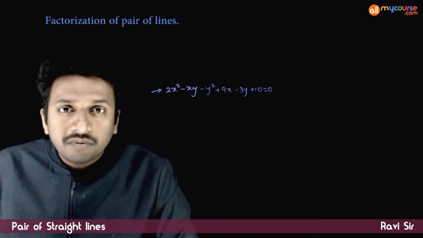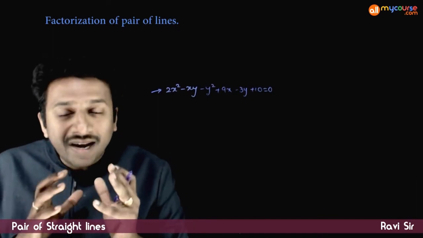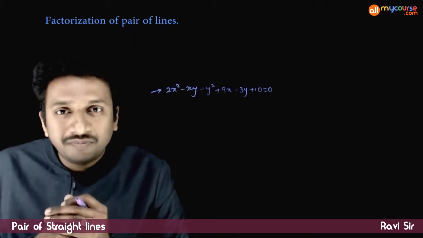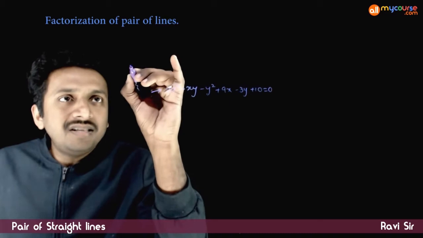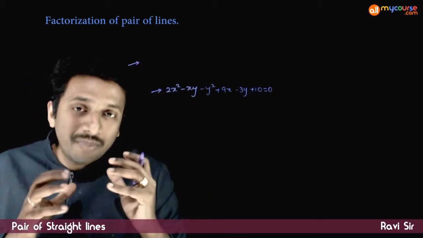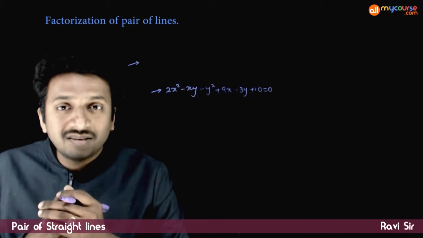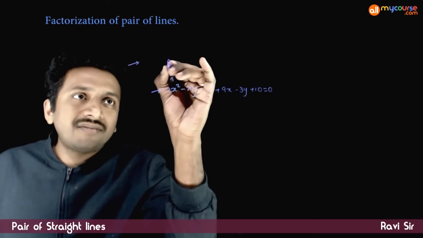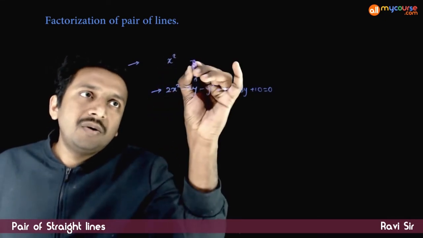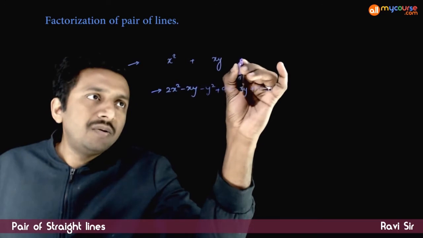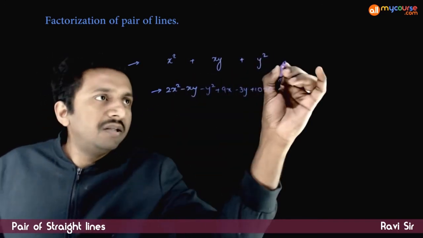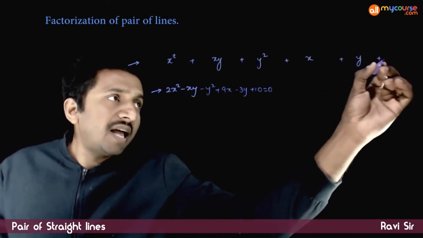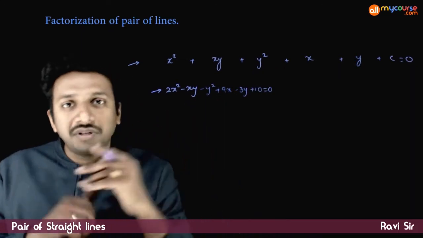In the previous video, we have understood how to find the equation of the pair of lines if individual lines are given to you. And we have seen that the general equation of a pair of lines is a general quadratic in x and y. That is, you have an x squared term, an xy term, a y squared term, an x term, a y term, and a constant term equal to 0.